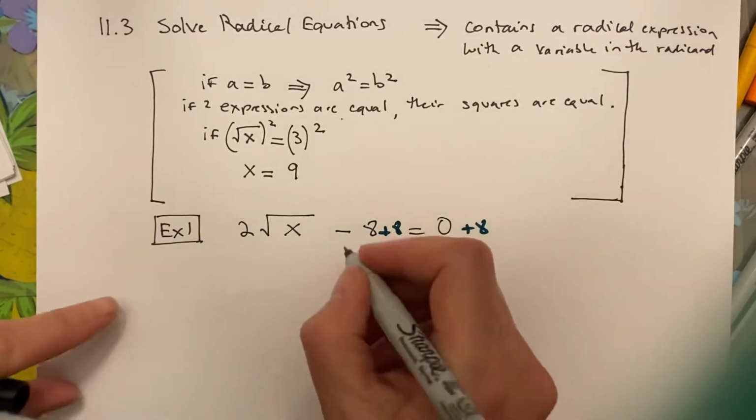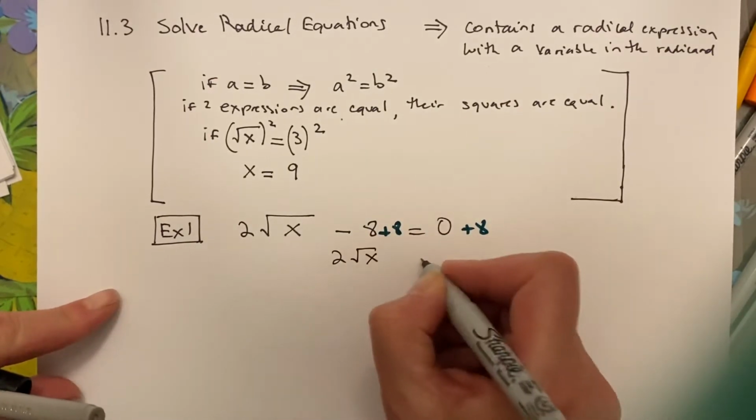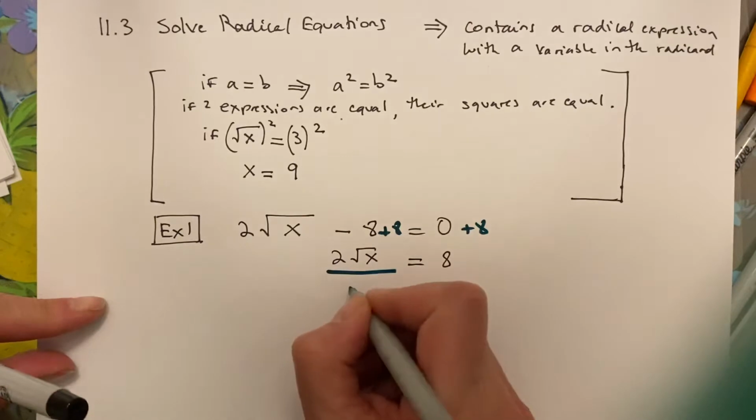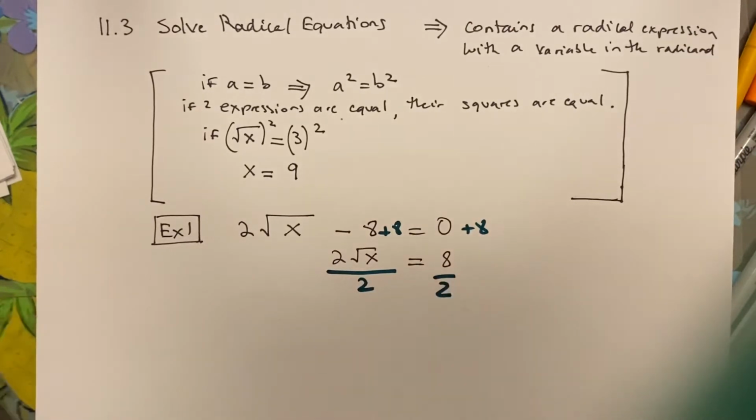And I end up with 2 square root of x equals 8. Well, I am still not quite there because I still have something crowding the x. It's inside the square root, but I still have 2 crowding the x. So my next step is to get rid of the 2 by dividing both sides by 2.